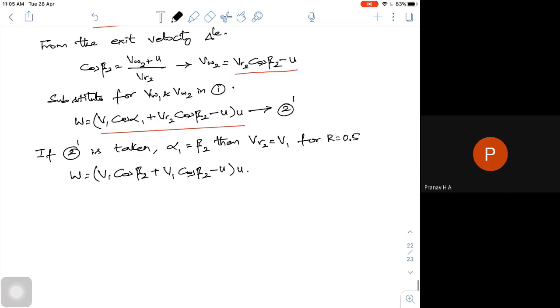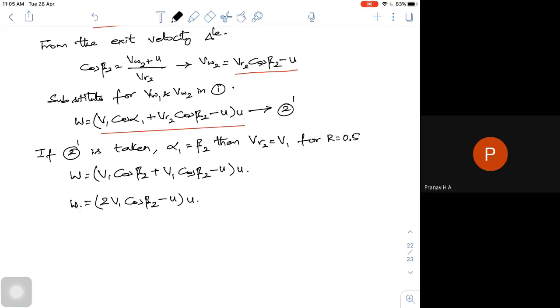So what is this actually? This is V1 cos beta 2 plus V1 cos beta 2. I can write it as 2 V1 cos beta 2 minus u into u.